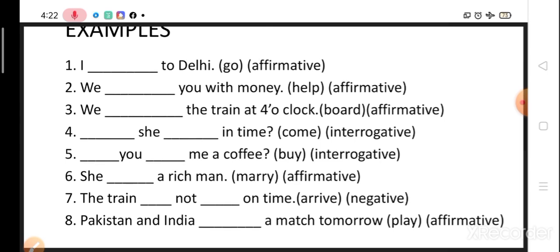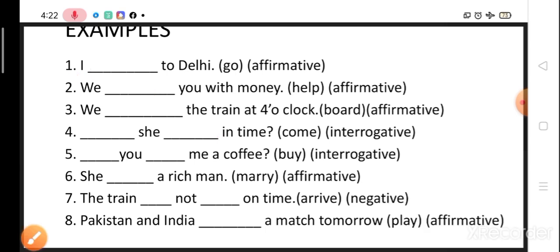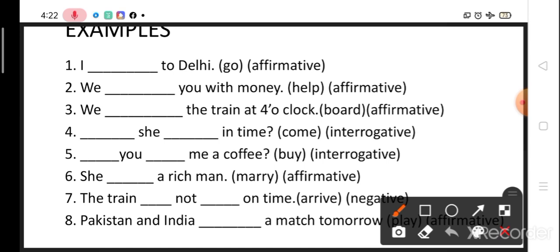I is a first person singular and therefore we can write here shall. We can write here shall. But as I told you, nowadays shall is very rarely used, mostly will is used. So even if you write will, that will be correct.